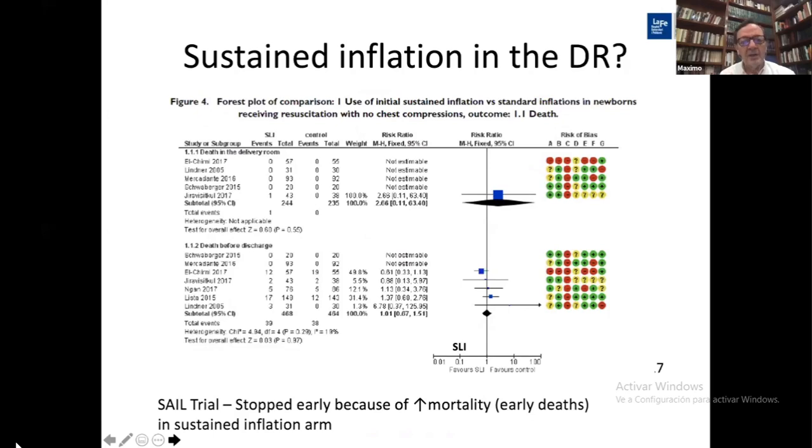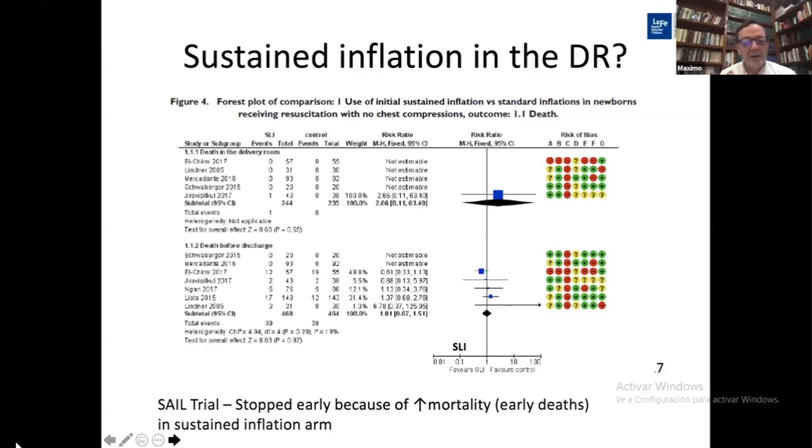They proved in different small trials, and in the first studies that we knew by Lindner and by Lista, etc., they had several papers with good results.